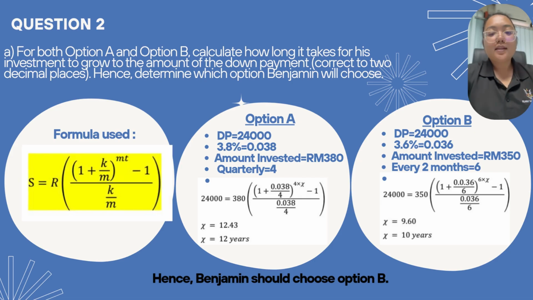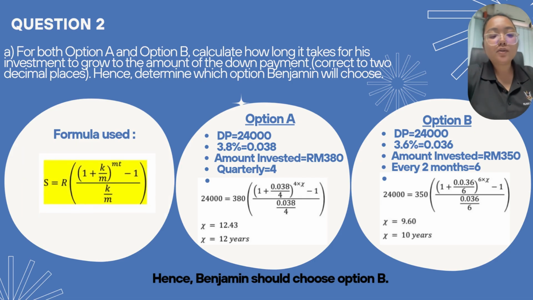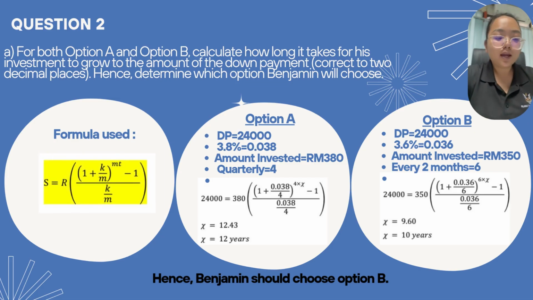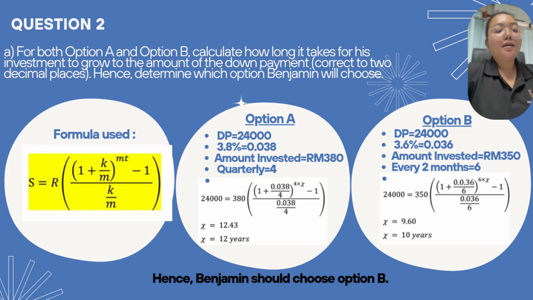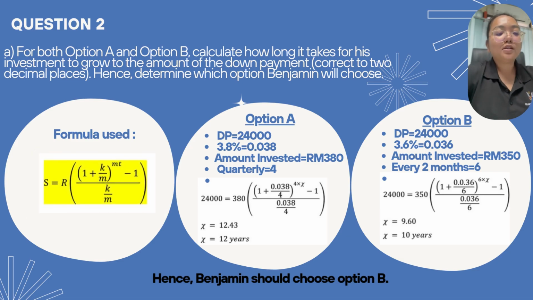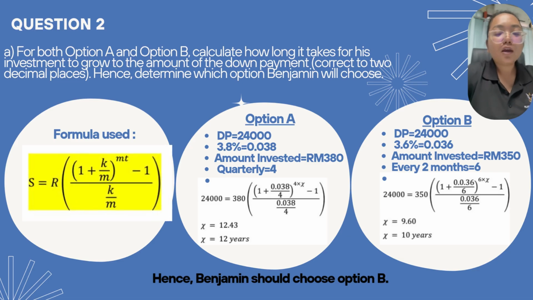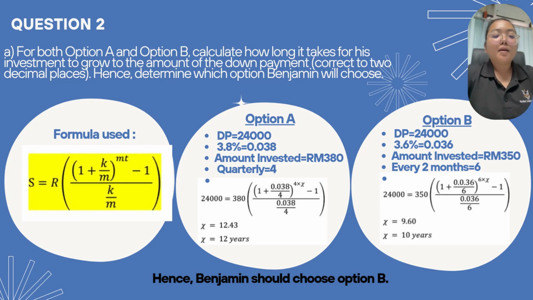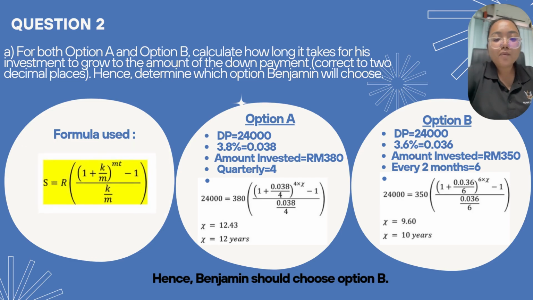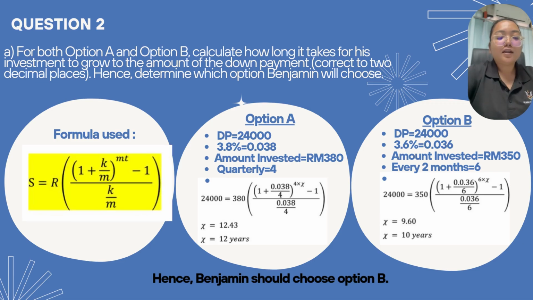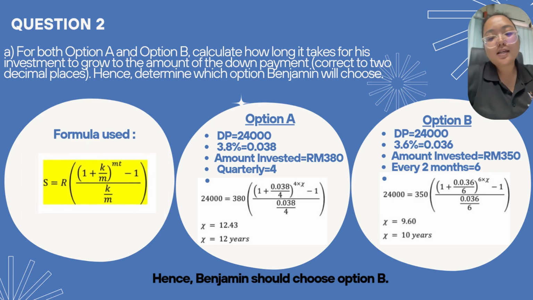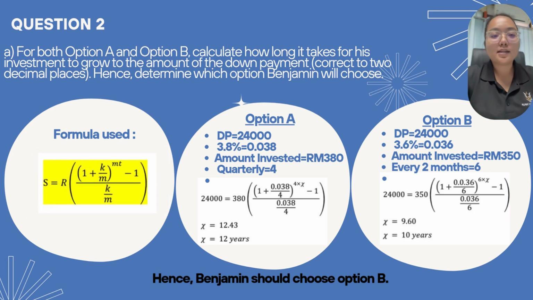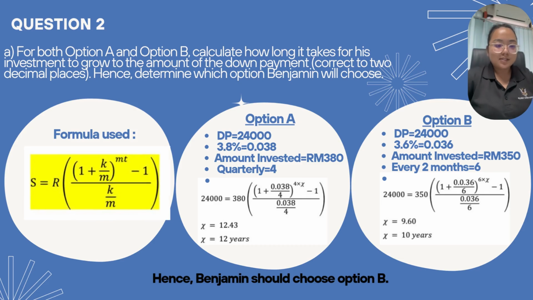We substitute the values into the formula used: 24,000 equals 380 times the bracket of (1 plus 0.038 over 4) to the power of 4 times x, where x represents the time, minus 1, over 0.038 over 4, which gives us the answer of x, which represents the time, of 12 years.